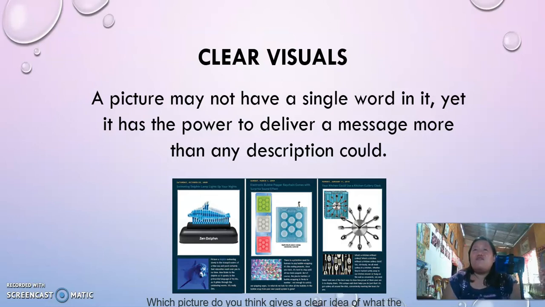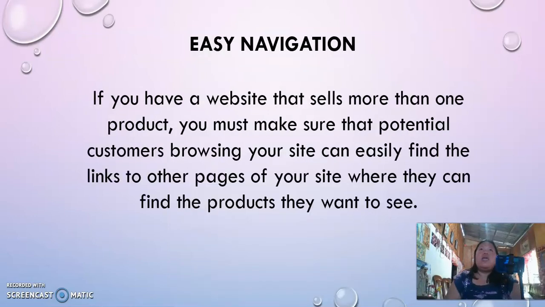Just give one picture and give details. In this example, you might answer the first picture gives a clear idea of what the product is all about. Clear visuals, okay? Now let's go to easy navigation.